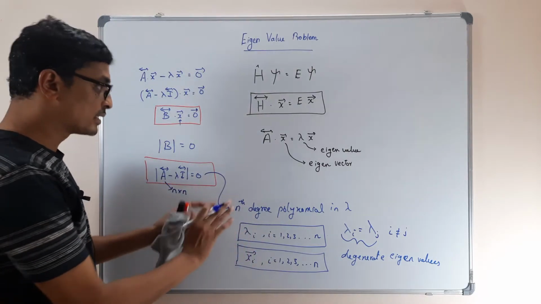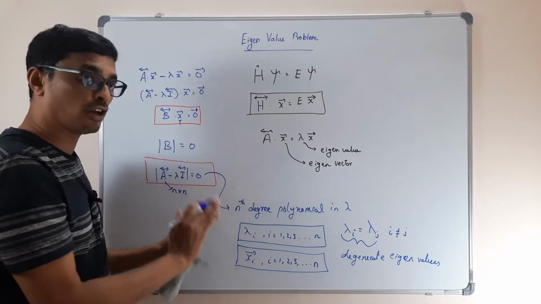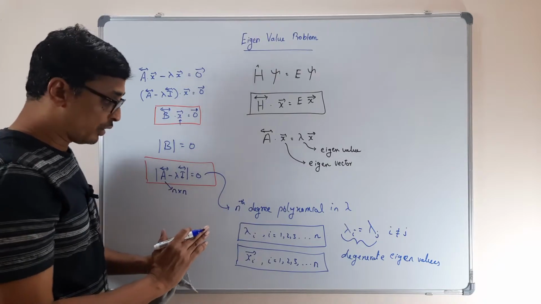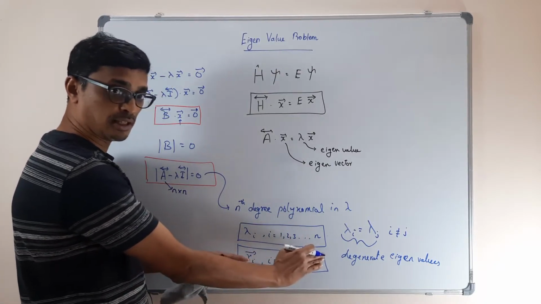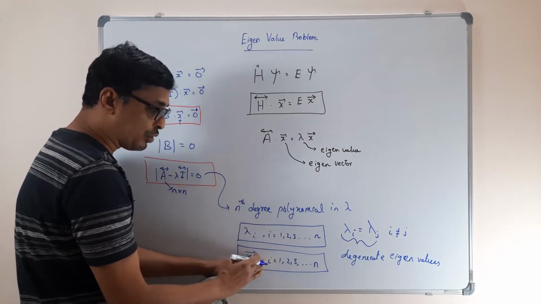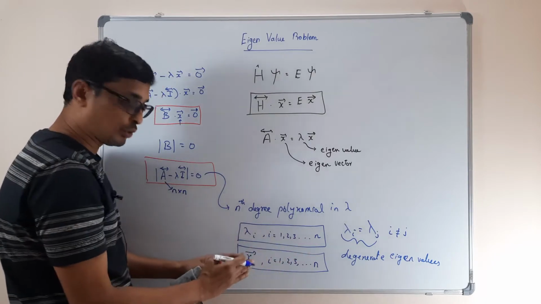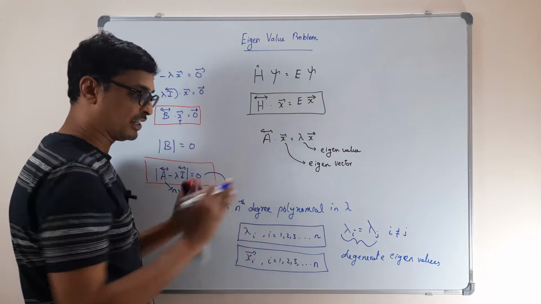We will consider only the cases where the eigenvalues are non-degenerate, that means each eigenvalue is distinct. Since each eigenvalue is distinct, the eigenvectors are also distinct. No eigenvector will be a linear combination of any other, so we get a linearly independent set of eigenvectors.